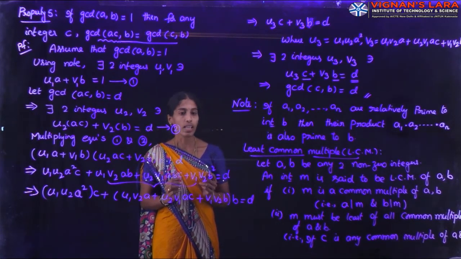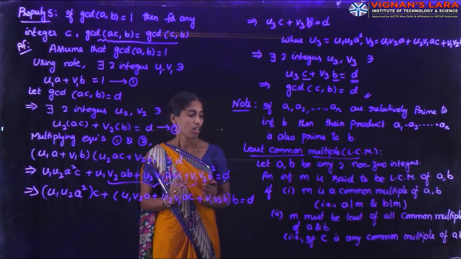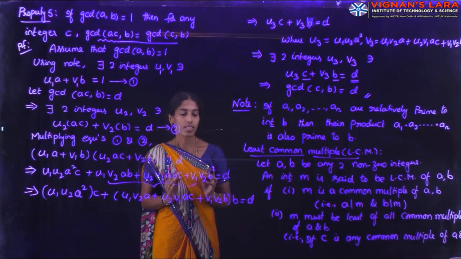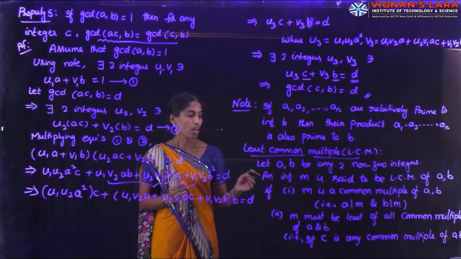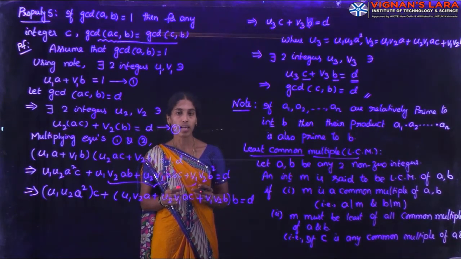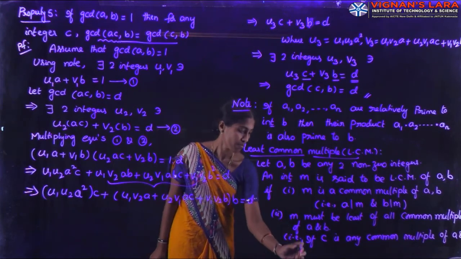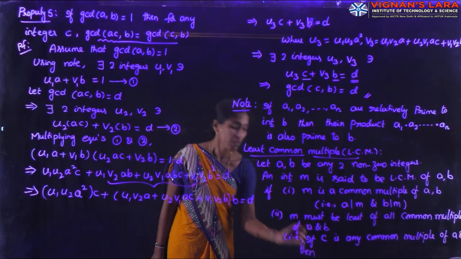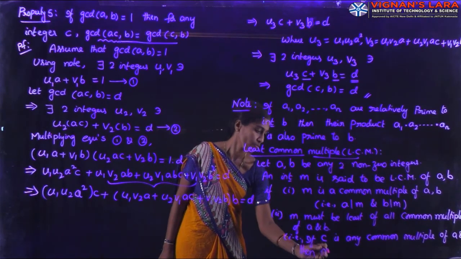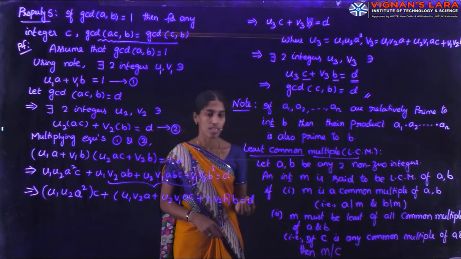Then what is the relation between c and m? Because c is any common multiple and m is the least of all common multiples. Then, because m is the least, m divides c, right?